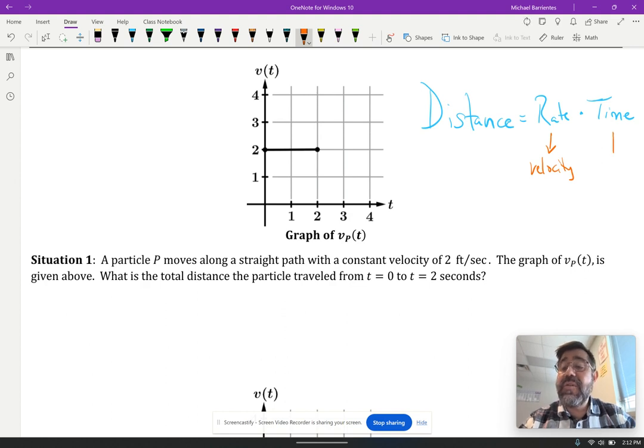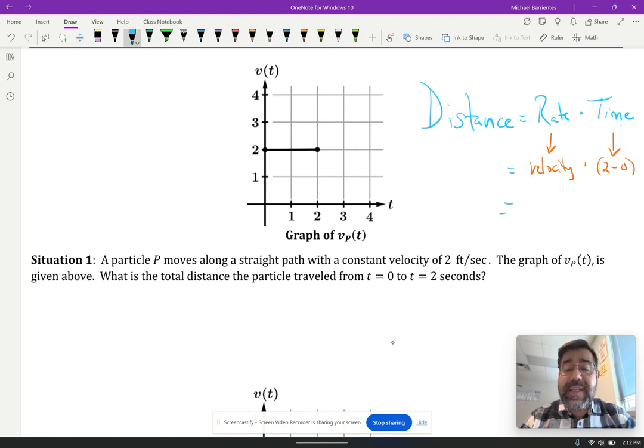And then I need to know the amount of time that has elapsed. In this case, that would be 2 minus 0, right? Because it said from time 0 to time 2, there's a difference of 2 seconds. And so if I multiply those two things, then I will get the distance.